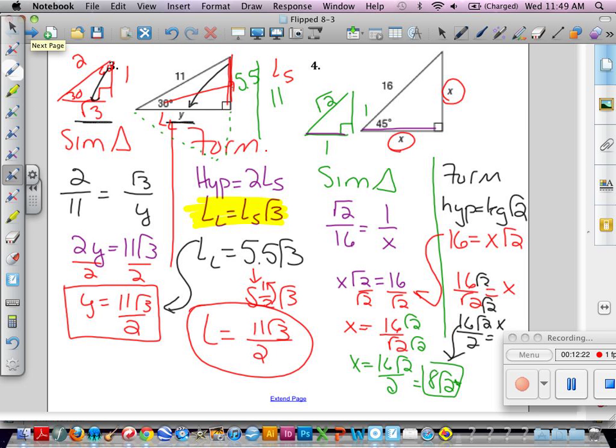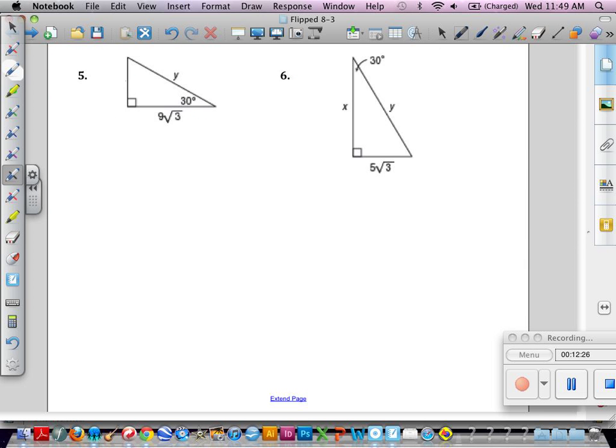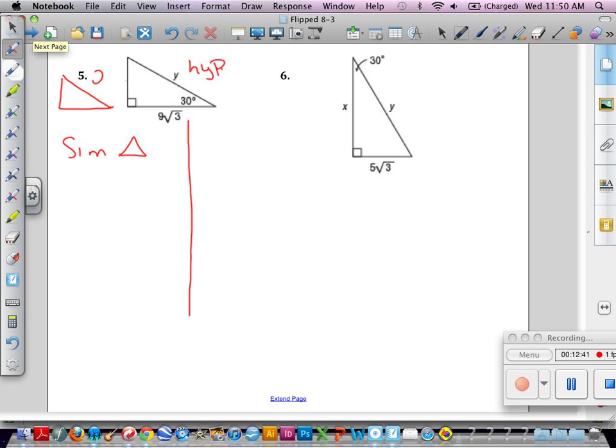All right, let's talk about the last problem. Okay, I'm looking for the hypotenuse here. So if I want to do similar triangles, this is going to be 2, this is going to be 1, that's going to be root 3. It's a 30, this is a 60, that's a 90. Match your corresponding parts.